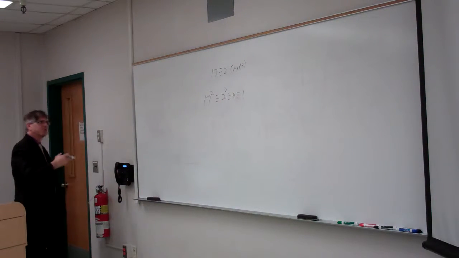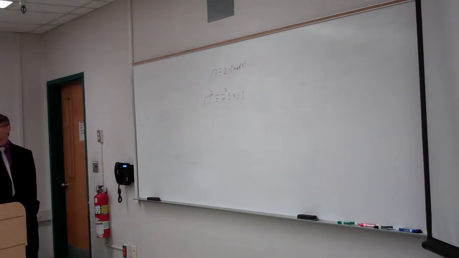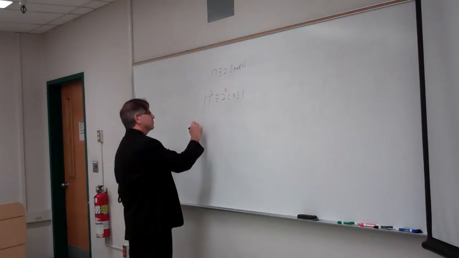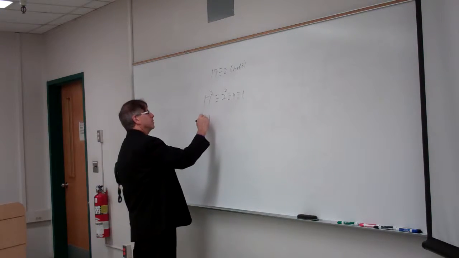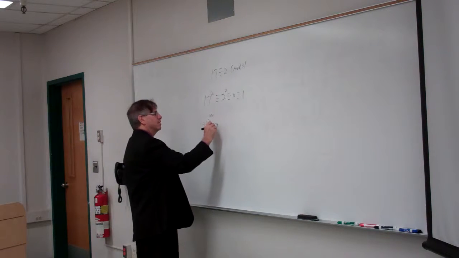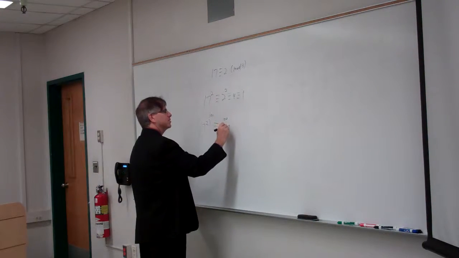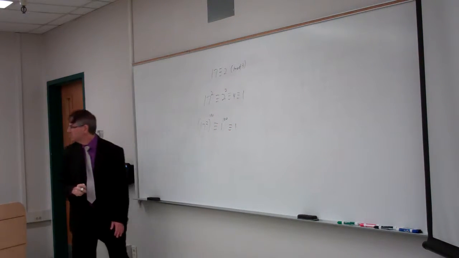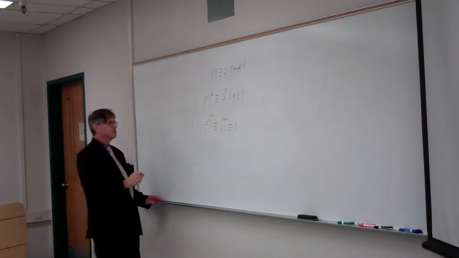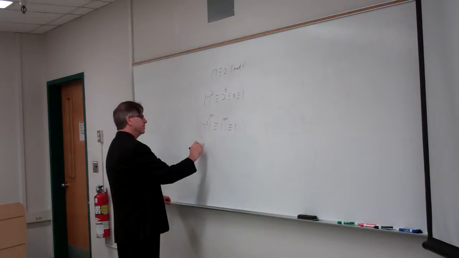So with almost no work, I know the square of 17 is one more than a multiple of 3, without ever having to compute that. And if I know 17 squared is congruent to 1, I know 17 squared to the 100th power is congruent to 1 to the 100th power, which is just 1. And 17 squared to the 100th is 17 to the 200th.